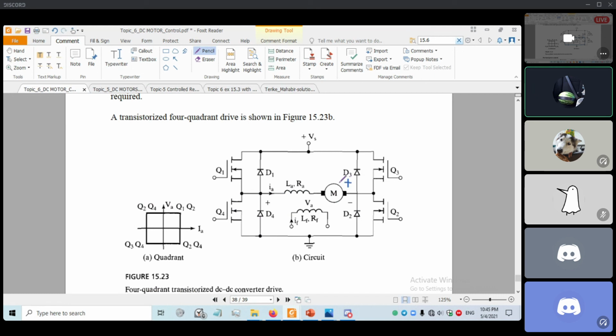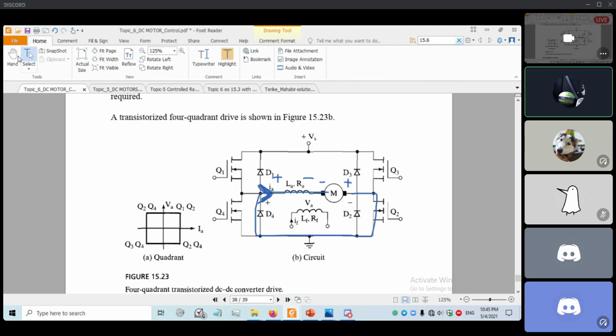The armature voltage was this, right? And then when Q2 is turned on, current will flow through here to build up this. IA will rise as the inductor magnetic field increases to store some of the kinetic energy in the armature. Let me correct that in my write-up here.